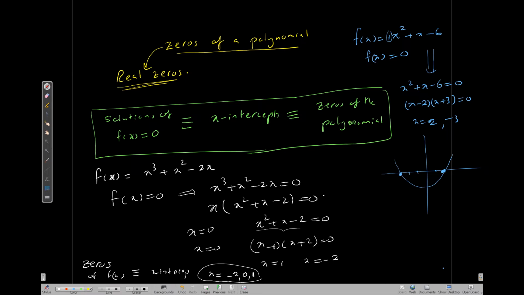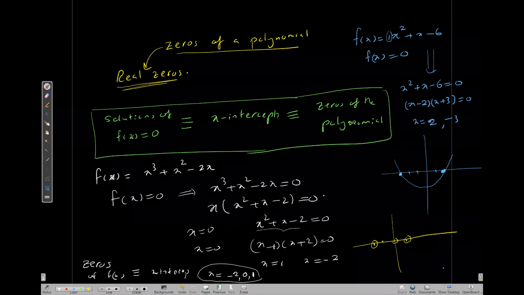That means in future when we are trying to draw the graph, we know for sure our graph will go through these points, and we don't know yet how. It can be like this, no, not like that, sorry. So like that, maybe like that, we don't know yet. That's what we are about to find, and we are heading there.